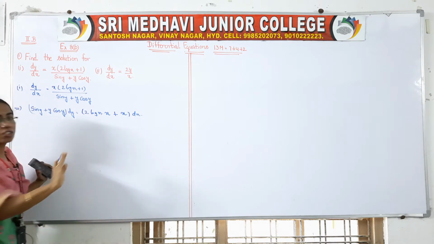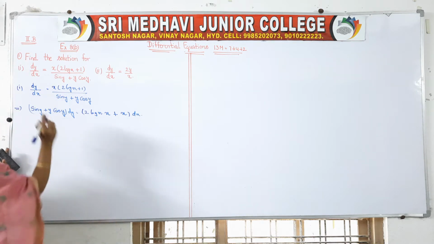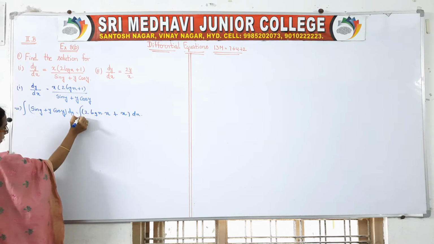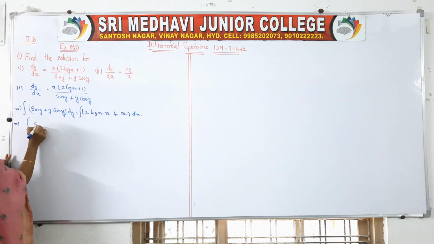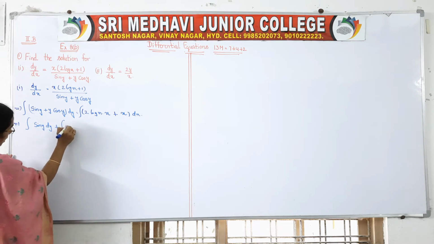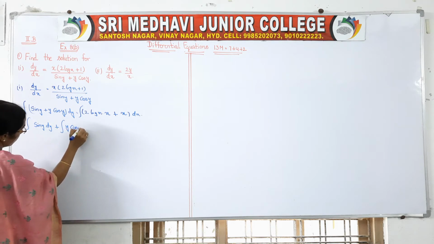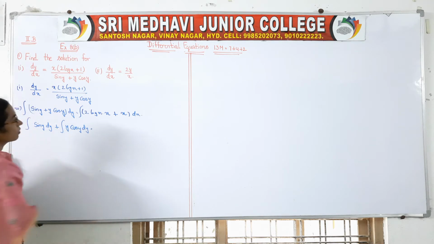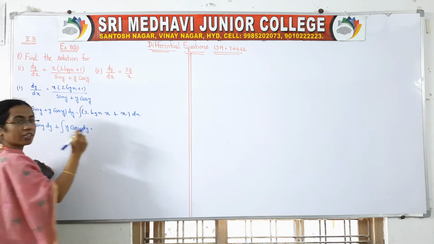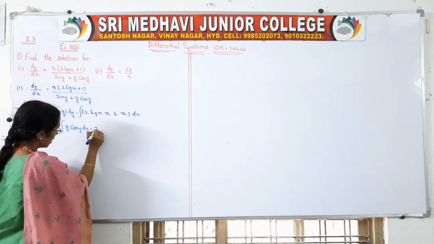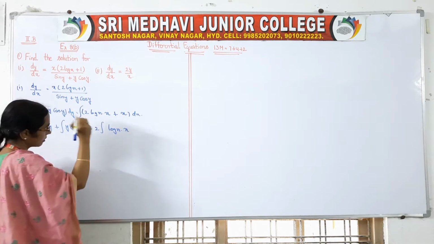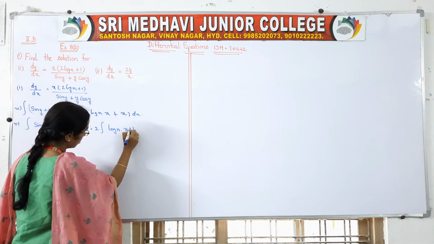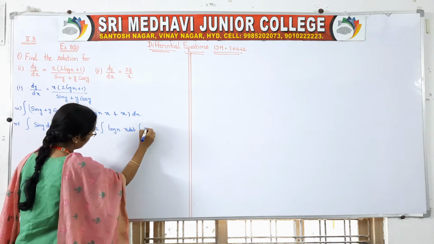So once x term is separated, y term is separated, you take the integral for that. Then you will have integral sin y dy plus integral y into cos y dy is equal to, whenever any integral constant is there we can write outside. So 2 into log x into x plus x into dx will be there for each and every term.